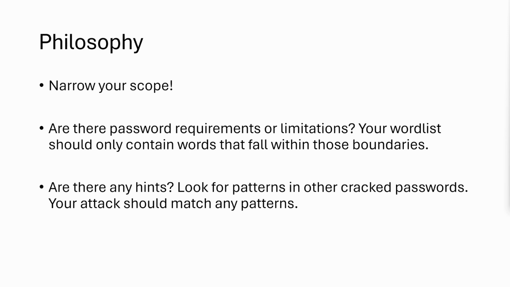If there's a password requirement of 8 characters, you're not going to try 7 characters because it's not possible within that scope. Or you want to keep in mind the character set. If the password doesn't allow for a particular character, you won't include that in your scope, either in your mask or your word list.